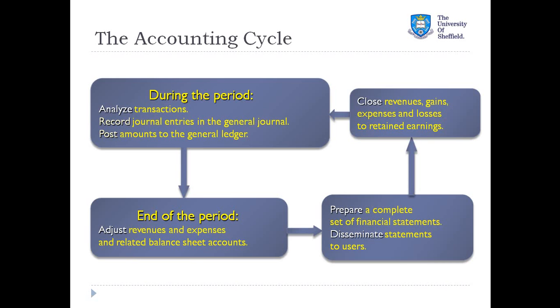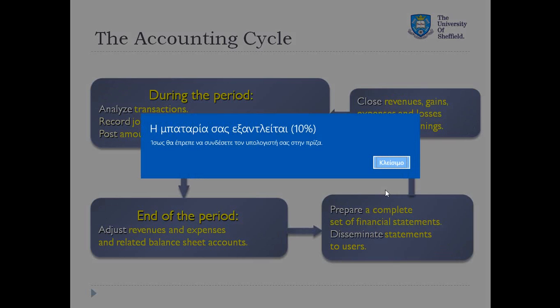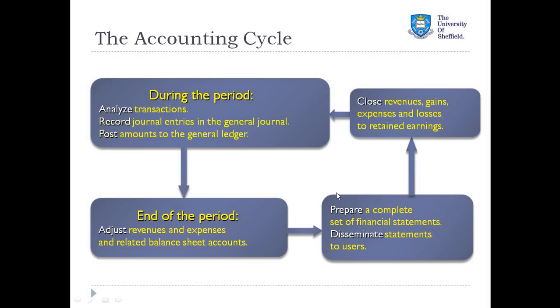After that, we close the revenues, gains, expenses, and losses. We transfer them into the retained earnings. This is a far more advanced accounting topic that needs to be discussed later on.